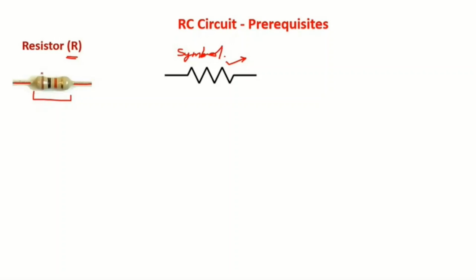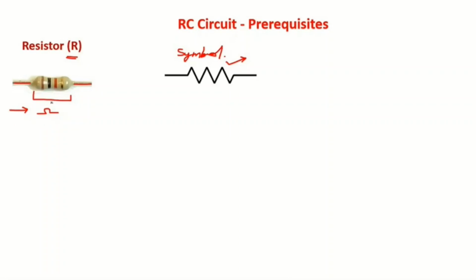If you particularly observe this resistor, there are some color bands available on it. So we need to understand the meaning of these color bands and why they have been given on this resistor. In general, the resistance of a resistor is measured in ohms.